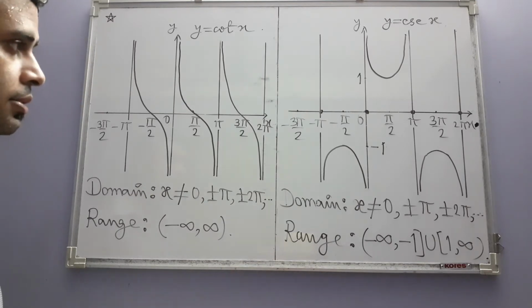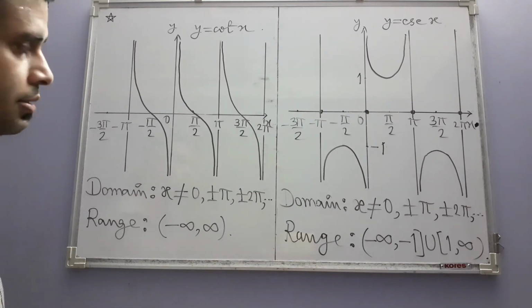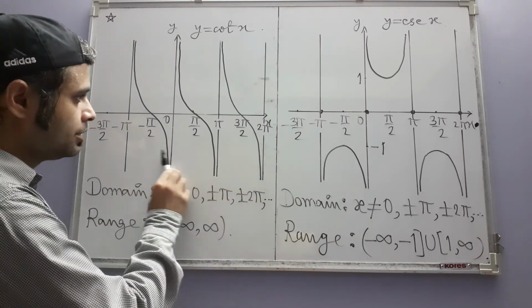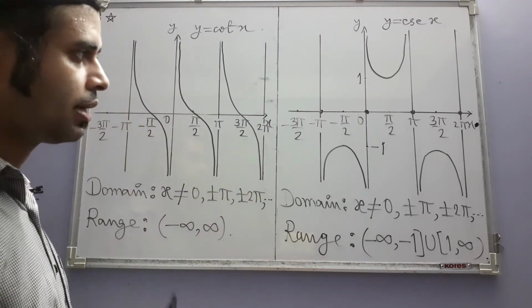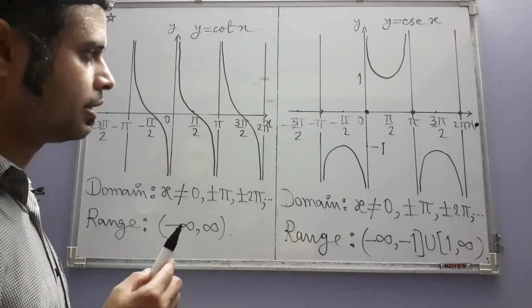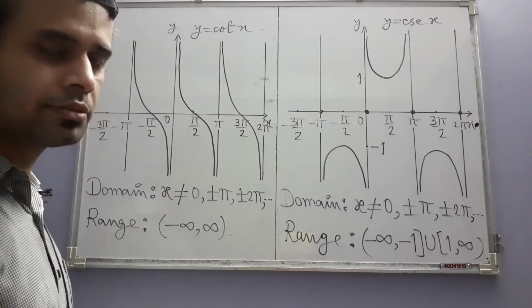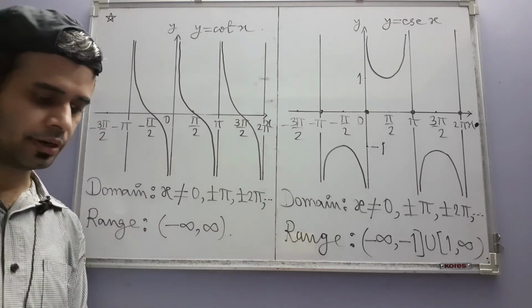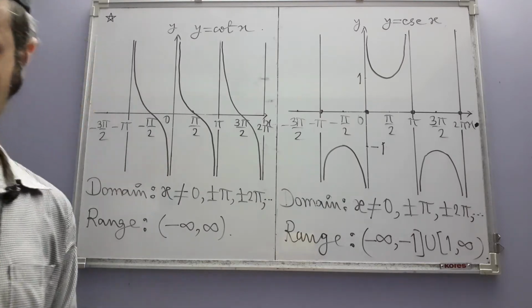Now each function's periodicity, that is this pattern, or the fact that its values repeat after regular intervals, one can see clearly from these graphs. And now next we come to the periodicity of these functions.